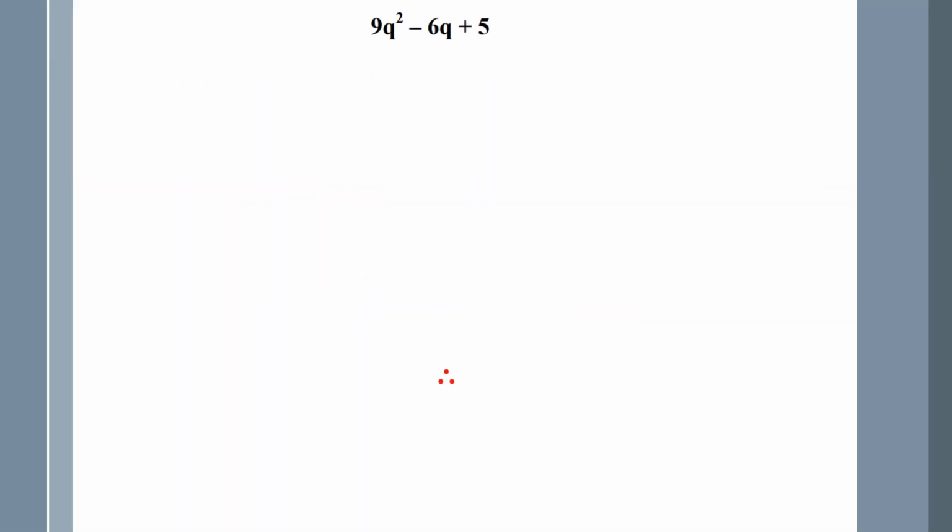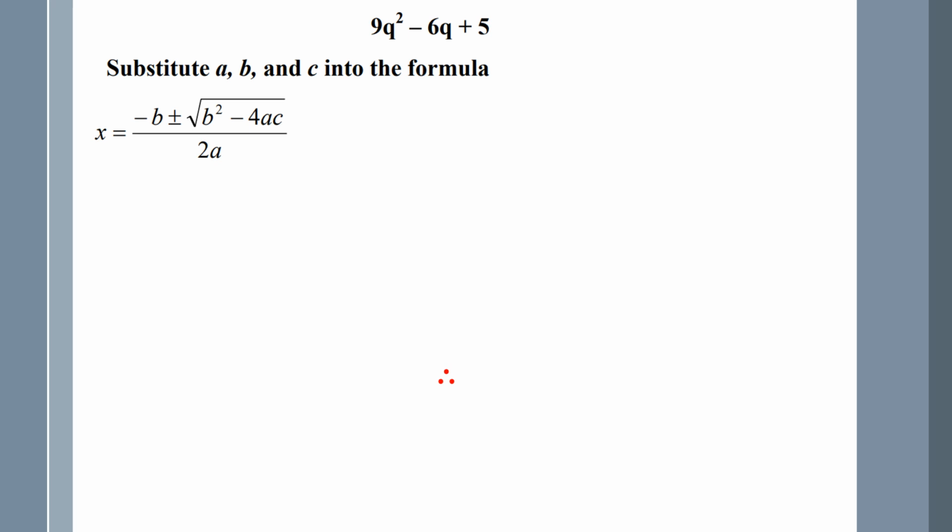All right. This is not factorable. It isn't. You could try it for yourself. I'm not doing it for you, but you're going to realize that it's not going to work out. So we've got to use our quadratic formula, which goes x equals the opposite of b plus or minus square root b squared minus 4ac all over 2a.